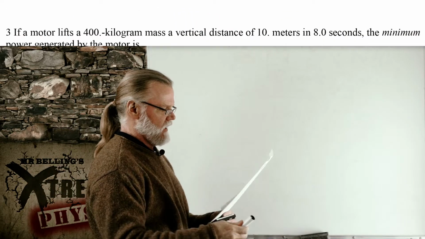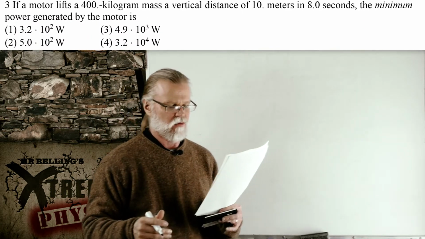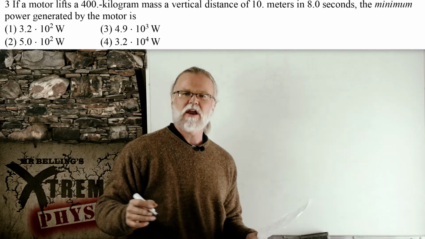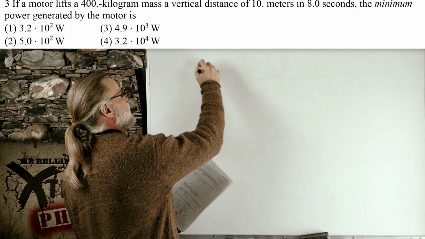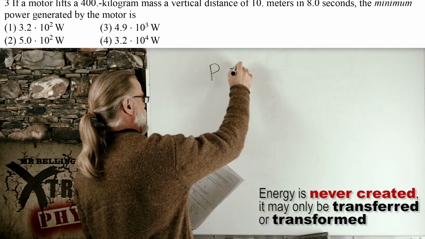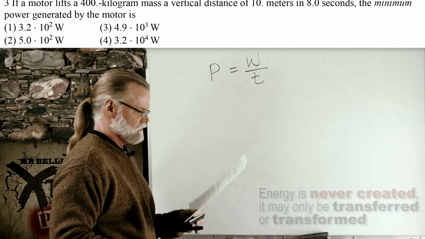If a motor lifts a 400 kilogram mass a vertical distance of 10 meters, what is the minimum power generated by the motor? Power is the rate at which something does work or expends energy. So power is work divided by time.